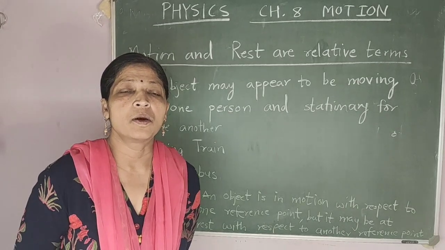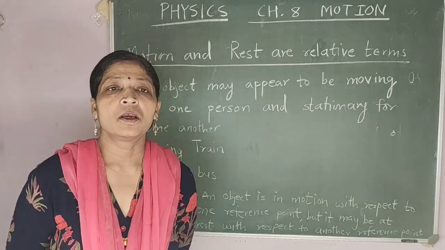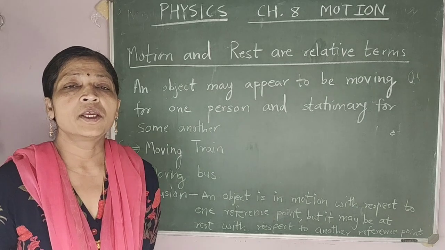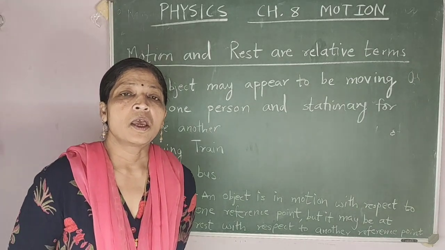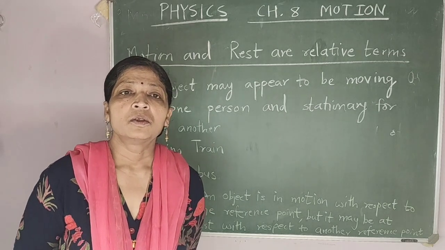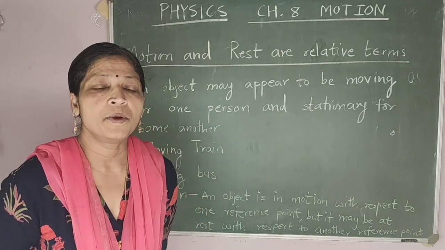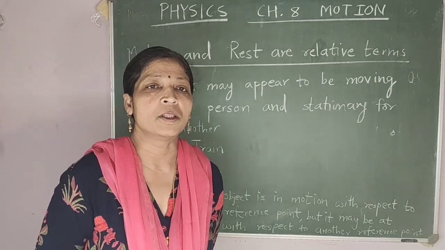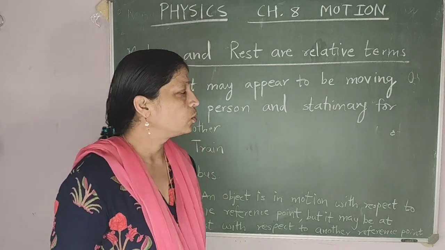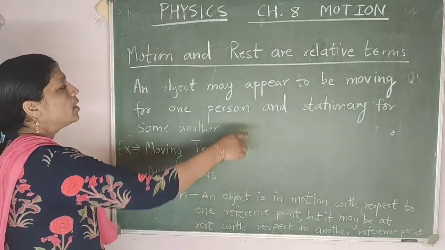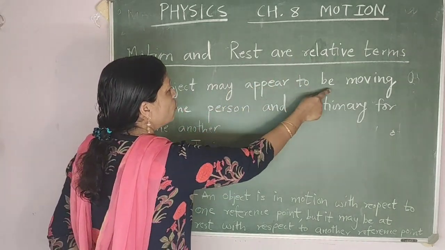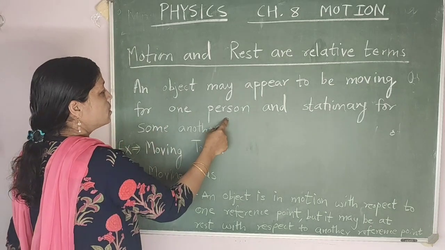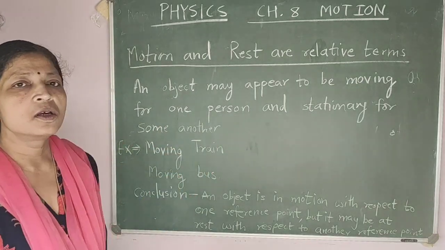So in these two examples of a moving train and a moving bus, you can see that the person appears stationary to someone and moving to another. So they are relative terms. An object may appear to be moving for one person and stationary for another.